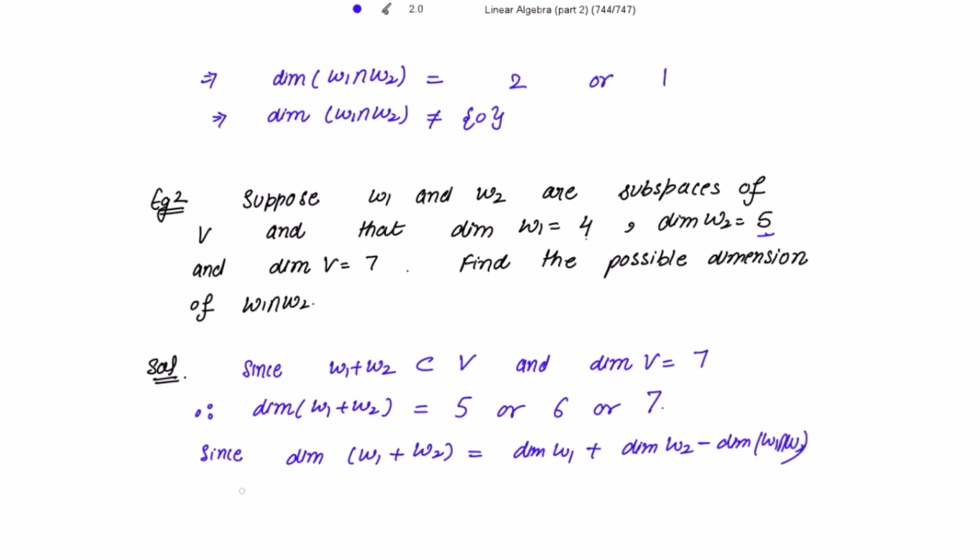So this is equal to 4 plus 5, which is 9, minus the dimension of their intersection.